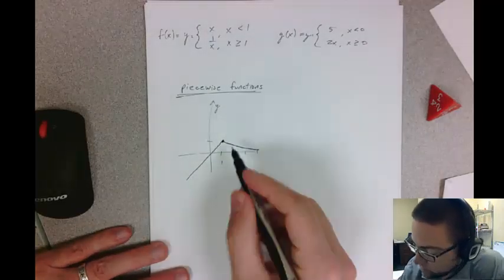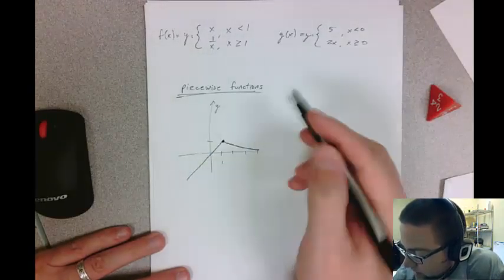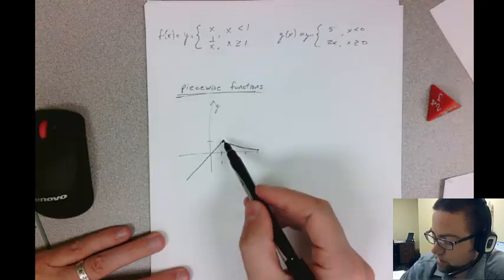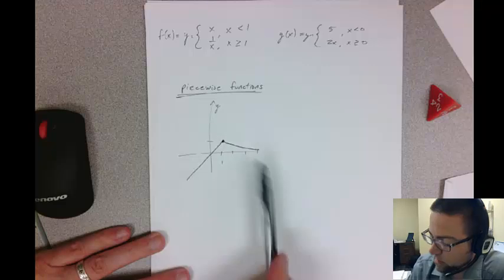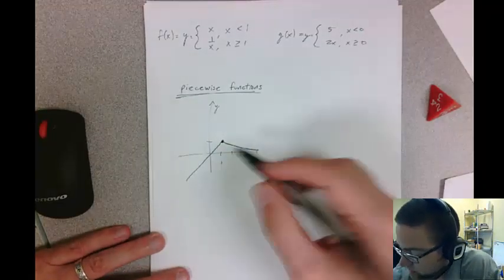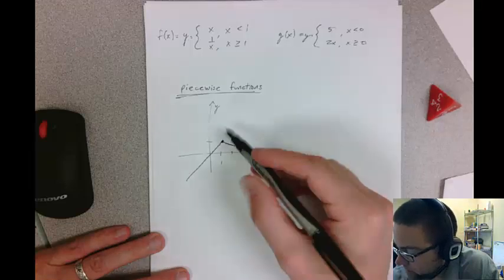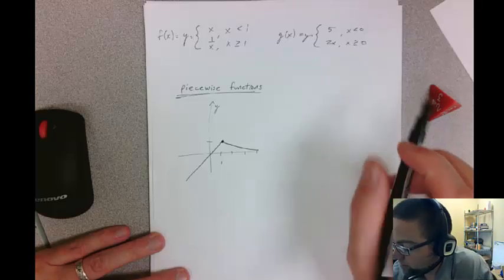Okay, so that would be a piecewise function, and you can see how the graphs will look: it's following one pattern, then at some point it changes its pattern or continues on in a different way. It might be that it comes out like that or curves up or whatever.